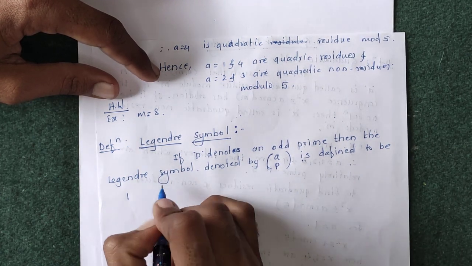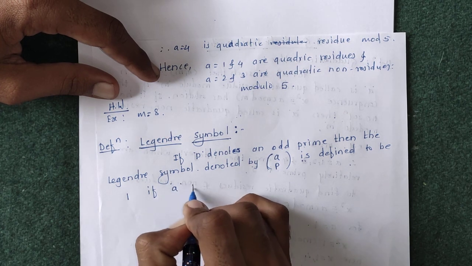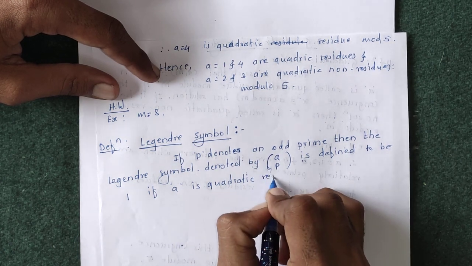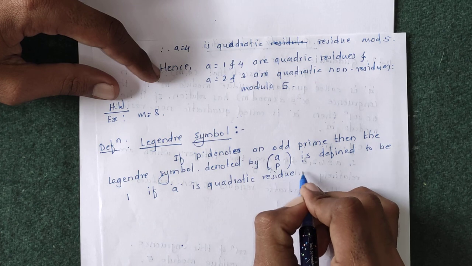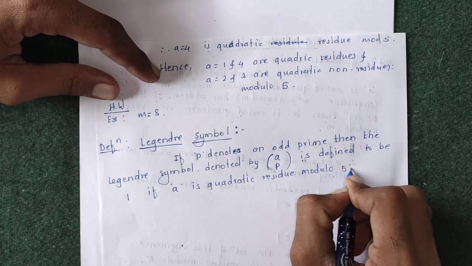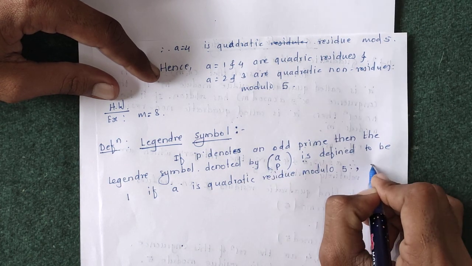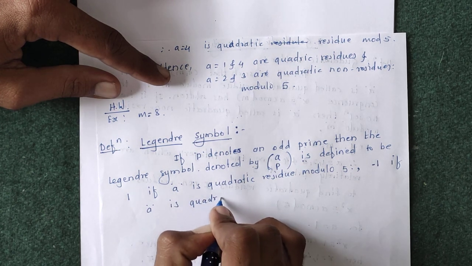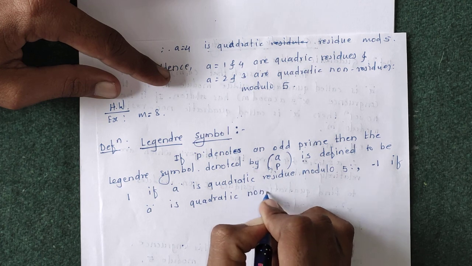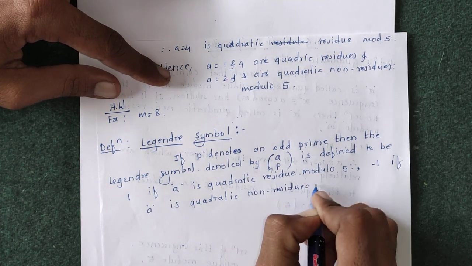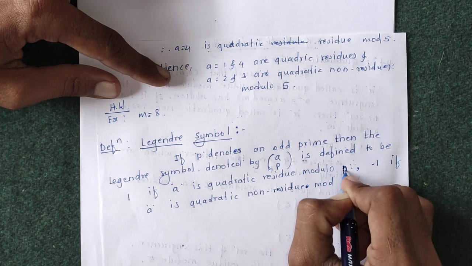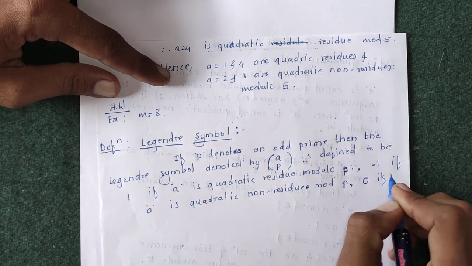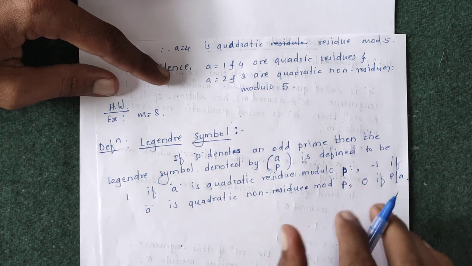It is defined to be 1 if a is a quadratic residue under modulo p, it is defined to be minus 1 if a is a quadratic non-residue under modulo p, and it is again defined to be 0 if p divides a.